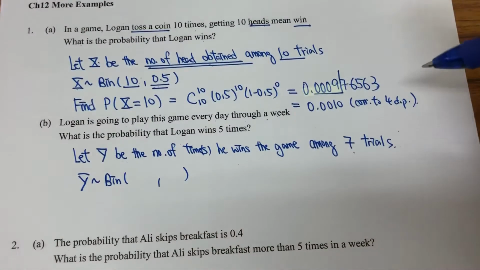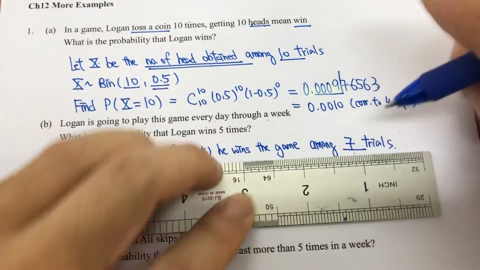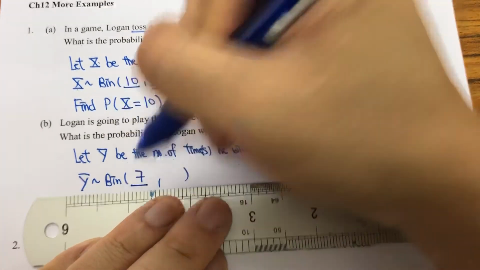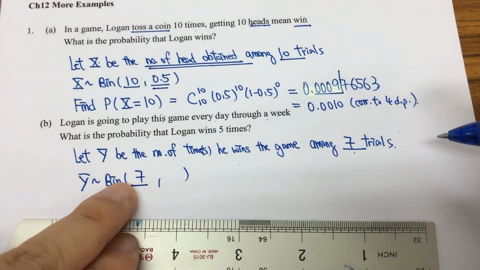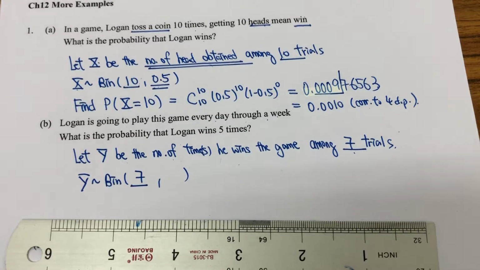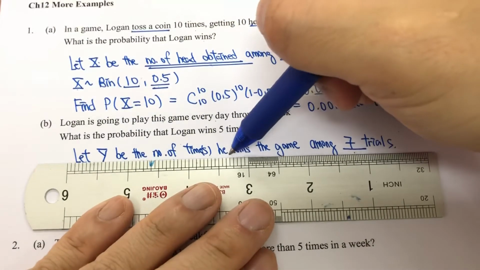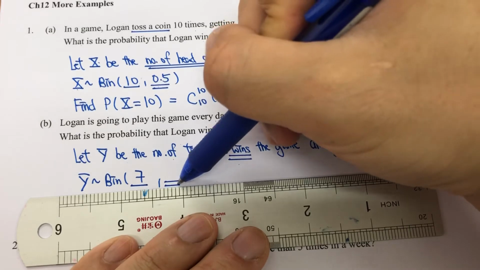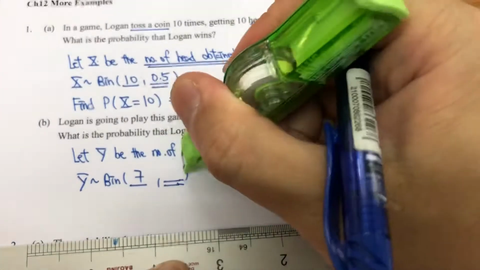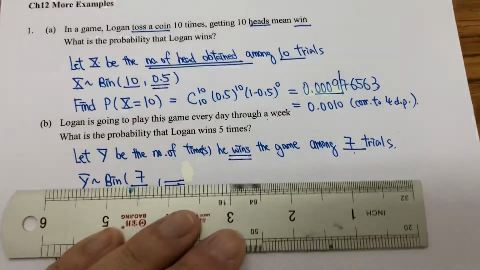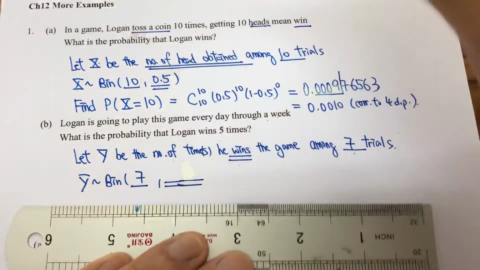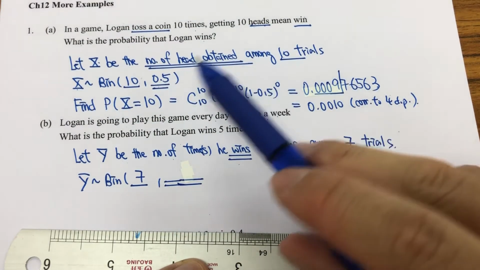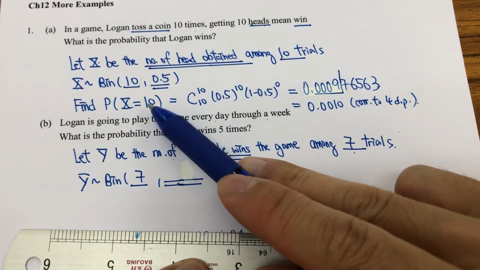So in total, he repeats this silly thing 7 times. And for each time, what is the probability that he wins this game? We found out already in part A. To get 10 heads, then you can win.